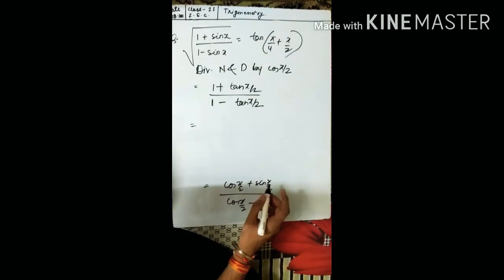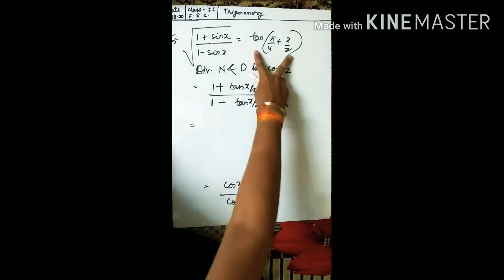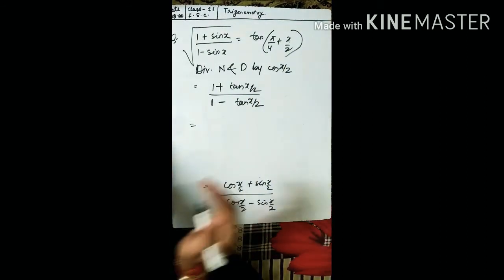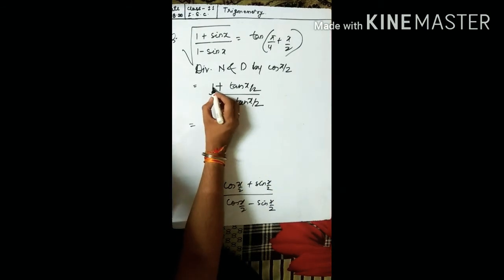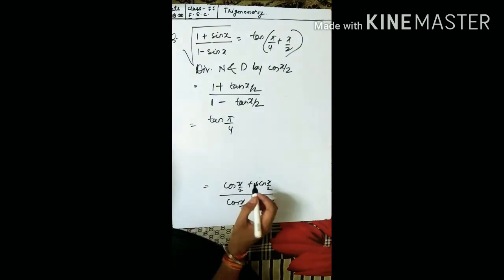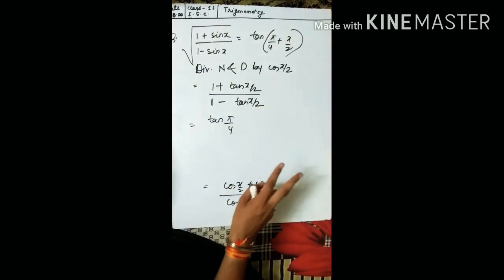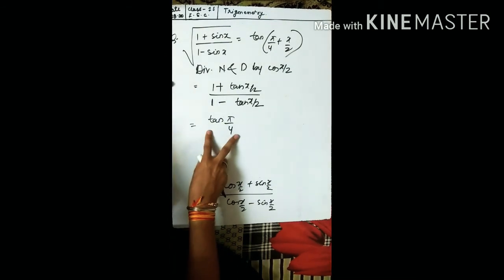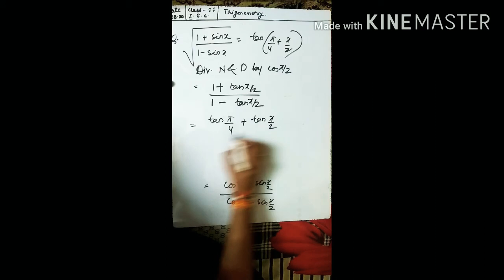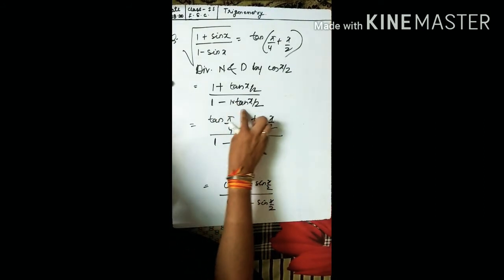Okay, now see how we can mold this thing, how can we get this thing from this thing. Now please understand this thing also very importantly. Can we write this 1 as tan pi by 4? Because pi by 4 is 45 degree and tan 45 degree is 1. So in place of this 1 I am writing tan pi by 4 plus tan x upon 2 whole upon 1 minus, this is actually 1 into tan x by 2.